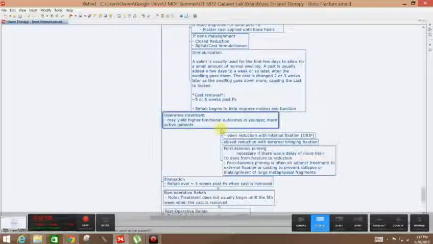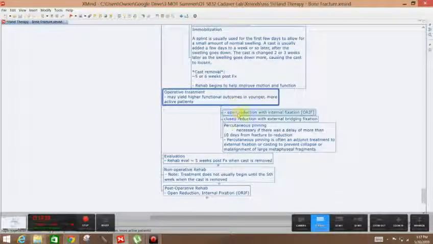And now I go to operative treatment. Operative treatment usually is an open reduction with internal fixation, or a closed reduction with external bridging fixation. And then there's some other information here about that.